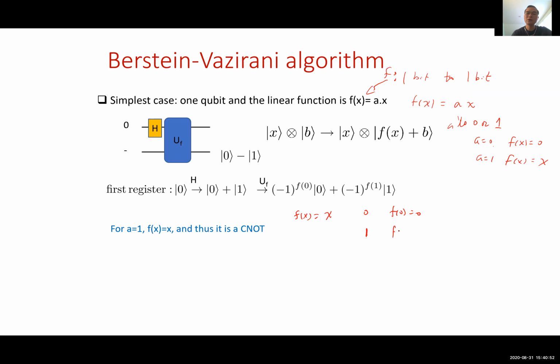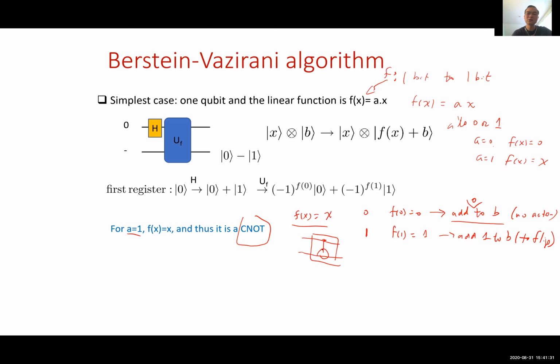And if it's 1, f of 1 is 1, because you would add this to B. Adding 0 is no action, and adding 1 to B is a flip. So the action is a CNOT gate, right? If a is equal to 1, this black box is actually implementing a control NOT.